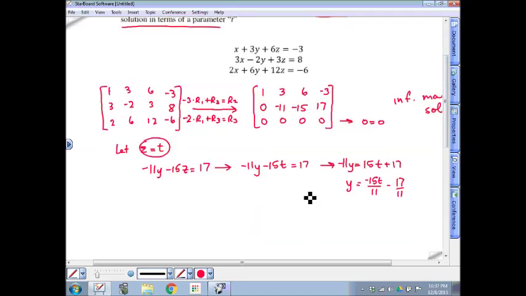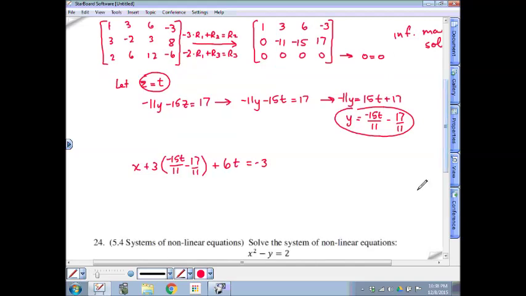So we have the value of z, we have the value of y, we just need the value of x. The value of x can be found from the top equation now, x plus 3, but instead of 3y, I'm going to replace the y with the value we know, negative 15t over 11 minus 17/11, and then plus 6. Normally that would be a z, but z is equal to t, so it's plus 6t equals negative 3.